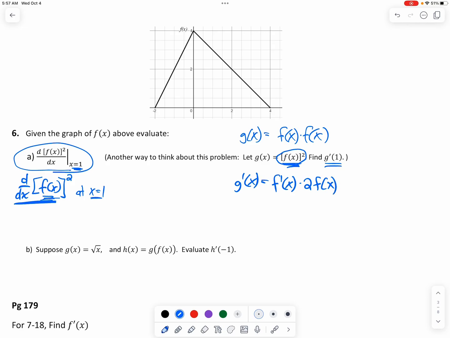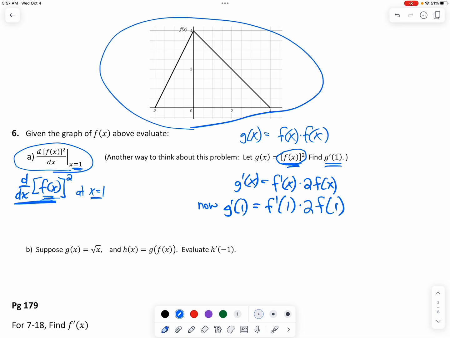So now I've got my derivative. Now g prime of 1 goes like this. I just put in a 1 wherever I see an x. So it's f prime of 1 times 2 times f of 1. Now, there's no table here, there's no list of values, but there is a graph. Oh my goodness. So here's how you do that.